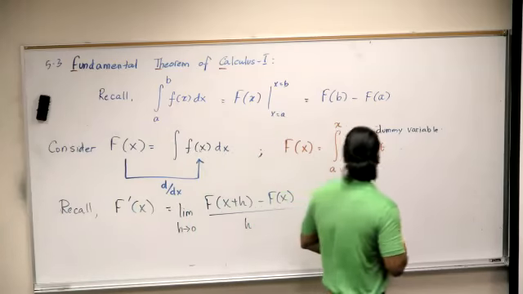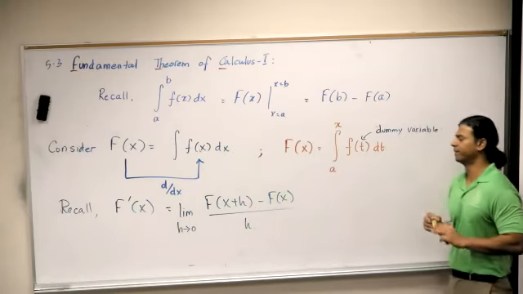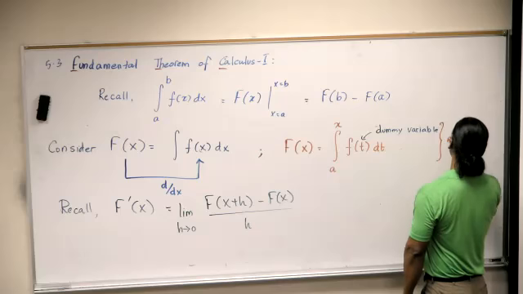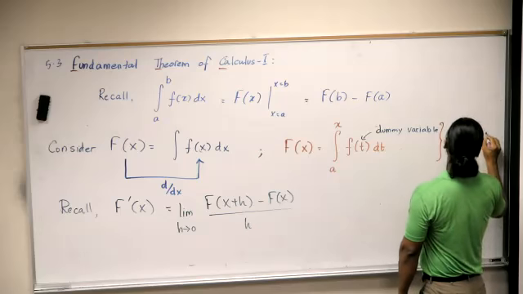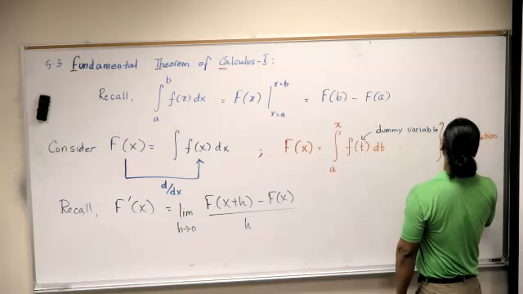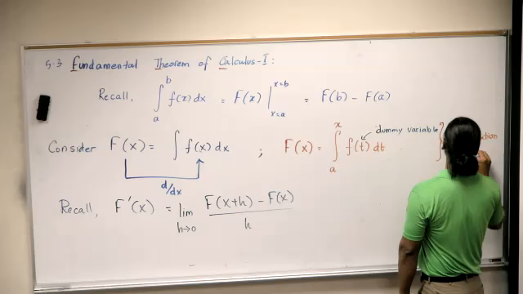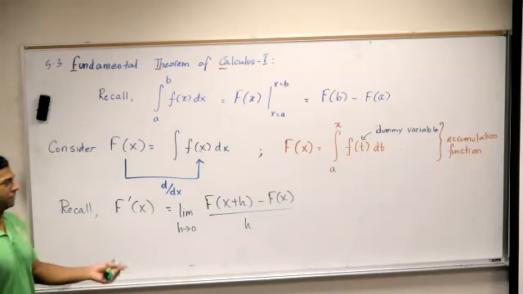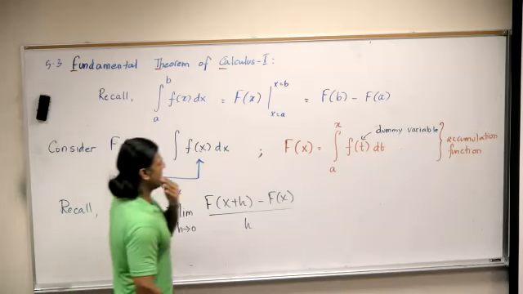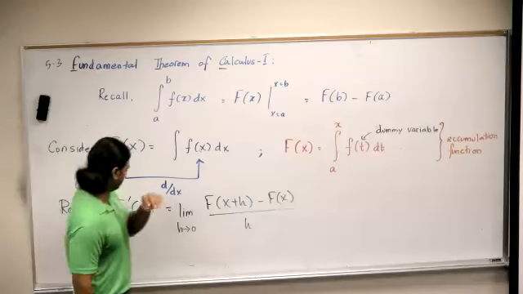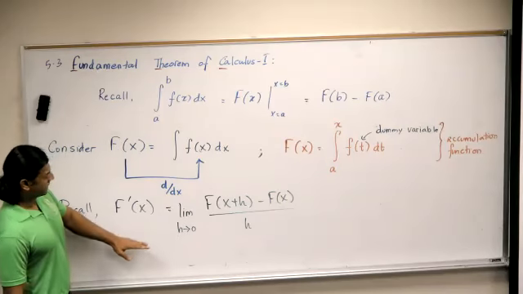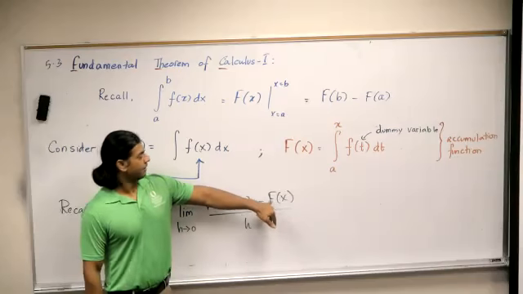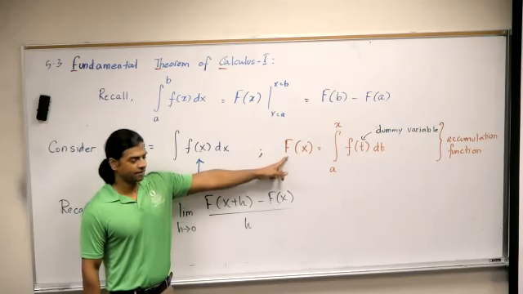In some literature, this function, the way we wrote it, is also called an accumulation function. So I know this, so I have one part here, uppercase F of x, as that.